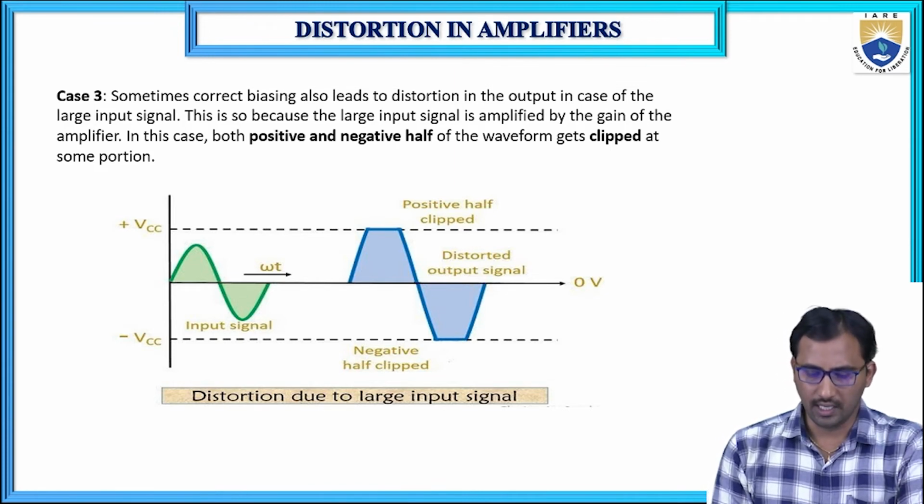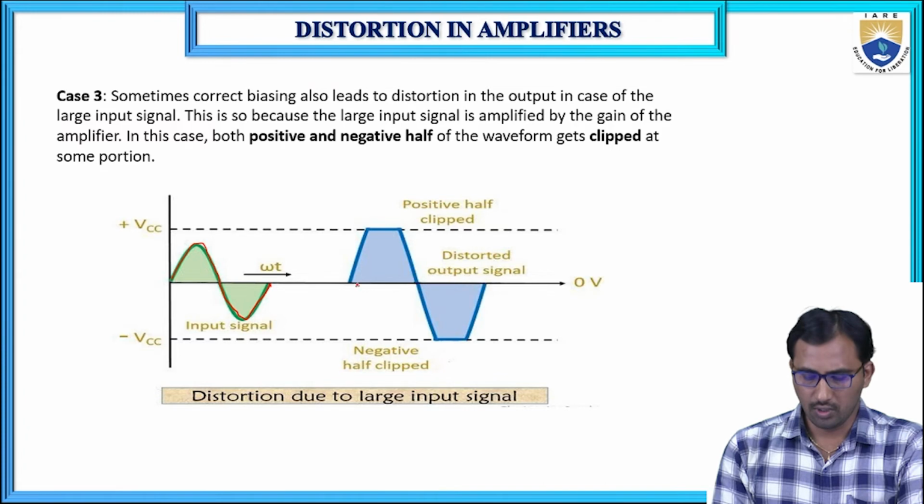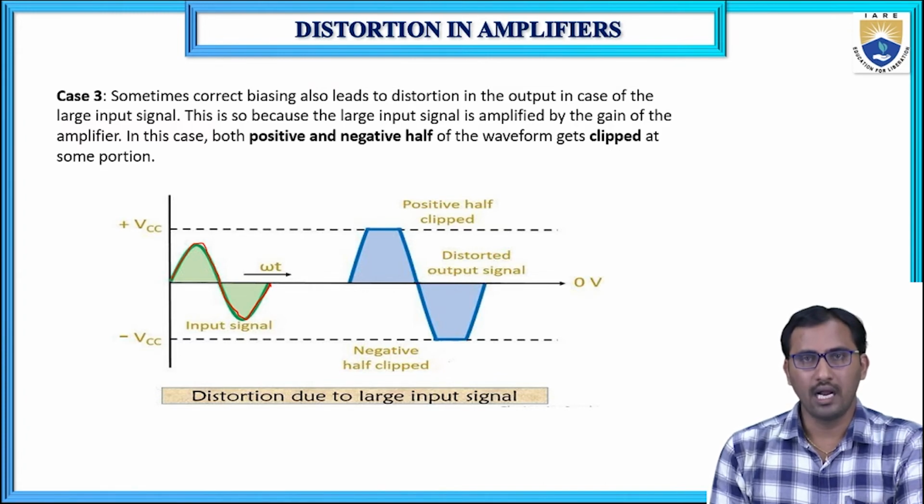So here you can see, this is the input waveform. Because of the high input waveform, there is clipping at the positive peak and negative peak of the output waveform.